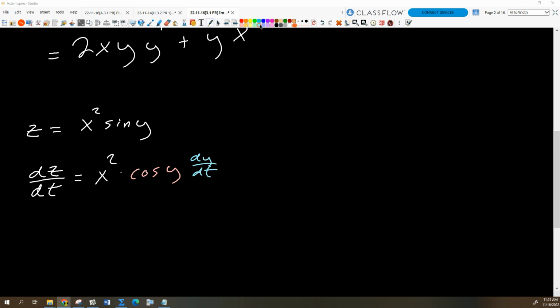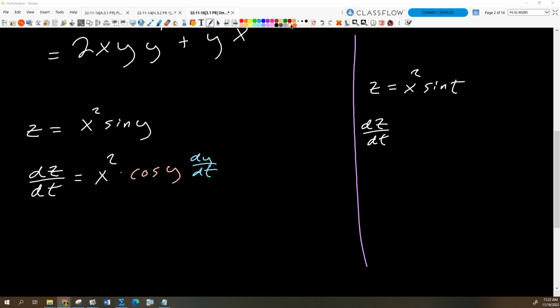So we're going to get a dy/dt there. Let's compare that right over here on the other side of the board. I need a little more room, don't I? Let's compare that to a different problem. What if we had z equals x squared sine t, and I did dz/dt? Well, that's still a product, right? And the first layer would have been x squared times the derivative of sine t.